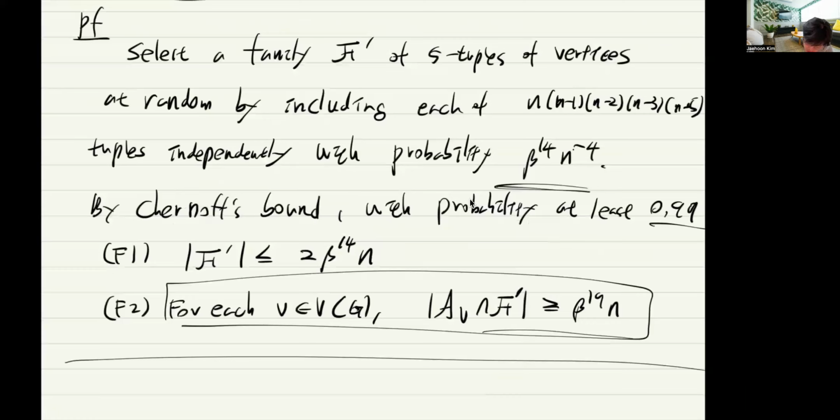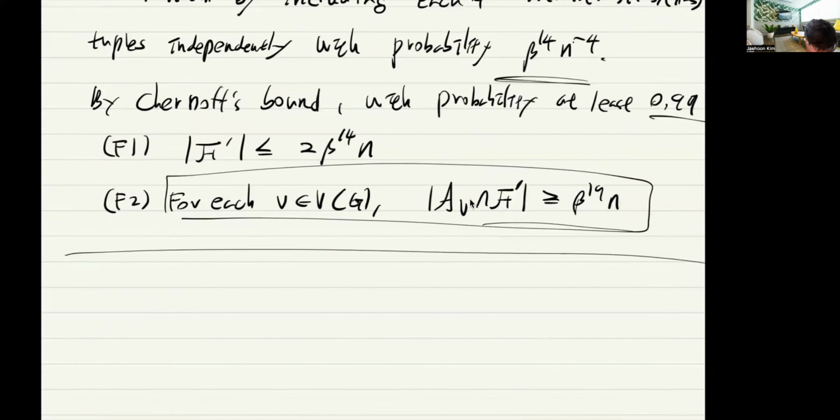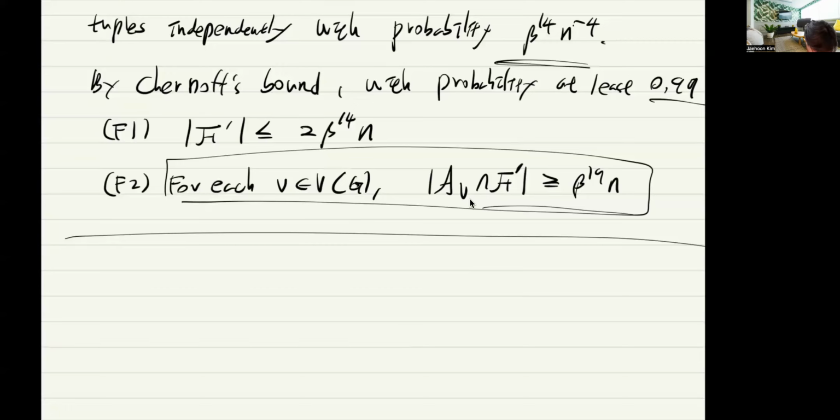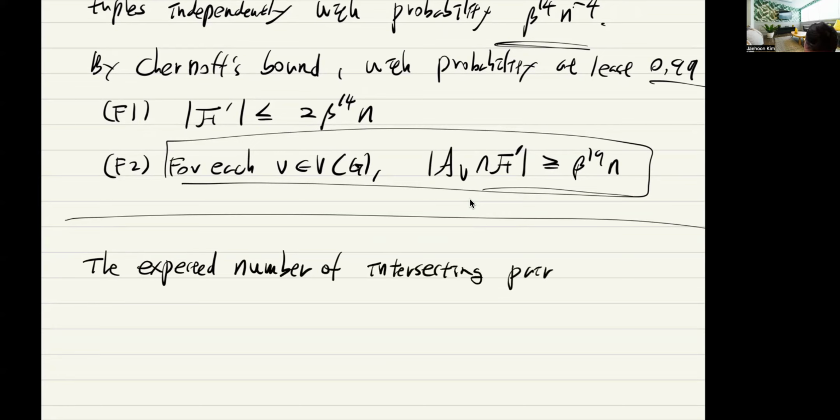Furthermore, we randomly chose it, but we want to make sure that they are disjoint. So in order to get the disjoint ones, we compute the expected number of intersecting pairs of 5-tuples in this F prime.